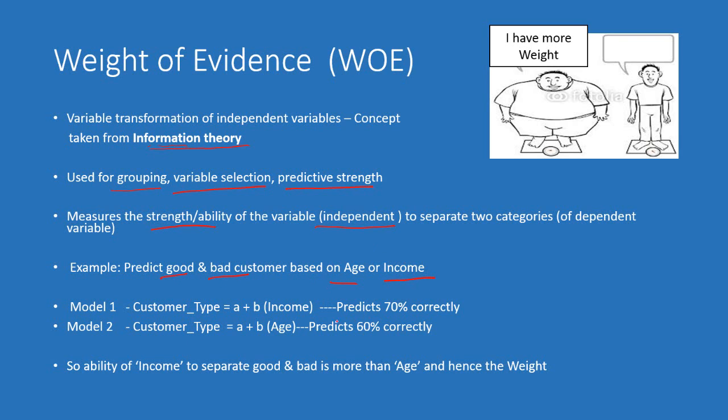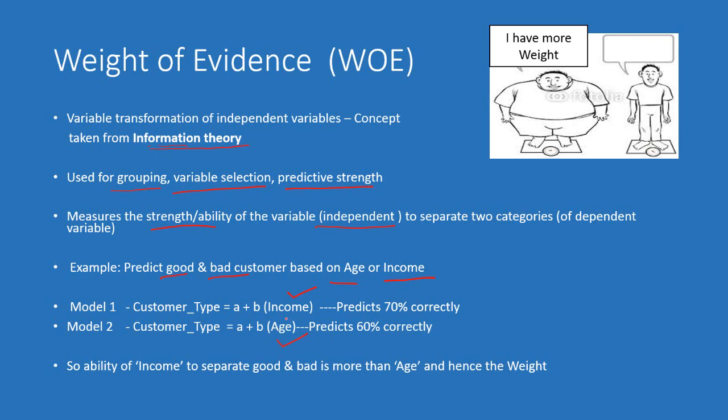Now we want to build a model to predict a good customer or bad customer, or the customer type, based on age and income. So we will have two logistic regression models, or any binary model: customer type with the independent variable income, and then customer type with the independent variable age.